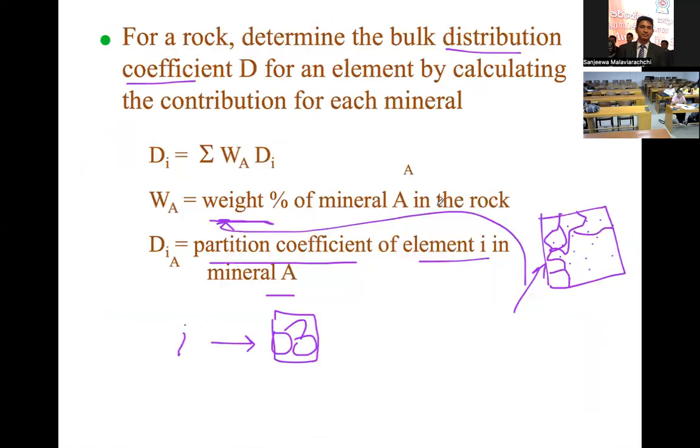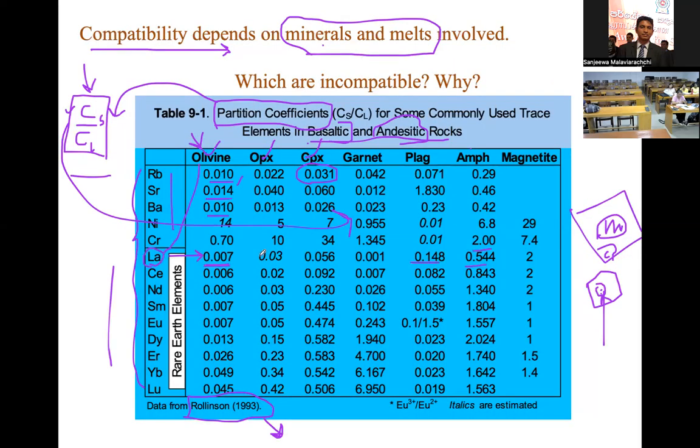But when it comes to a rock, you have to consider all the elements, all the minerals available there, and take their partition coefficients with the weight percentage of each of those minerals. That means if you want to calculate the bulk partition coefficient of neodymium, here you have neodymium in a rock which is composed of all these minerals.